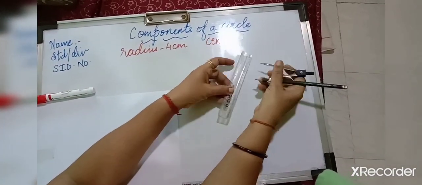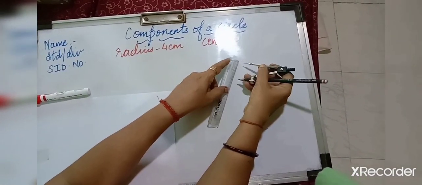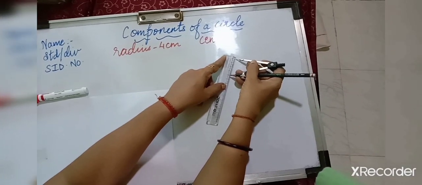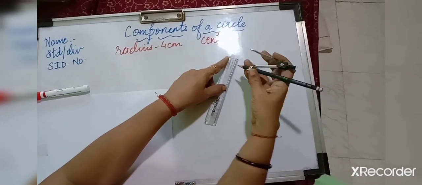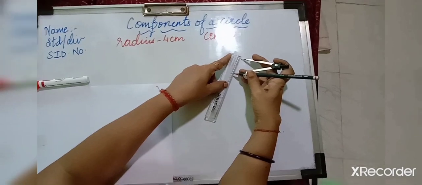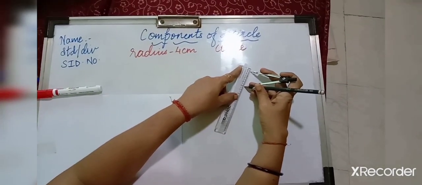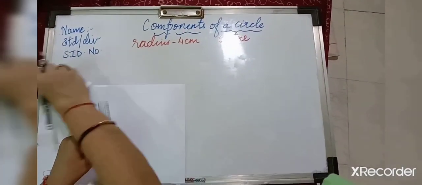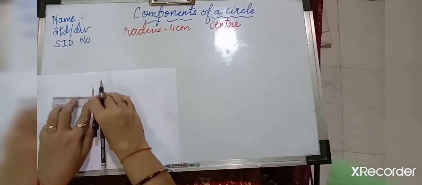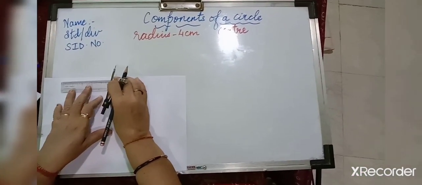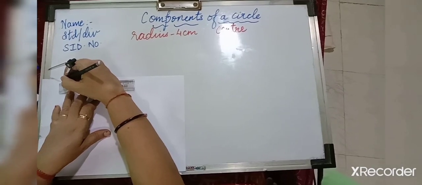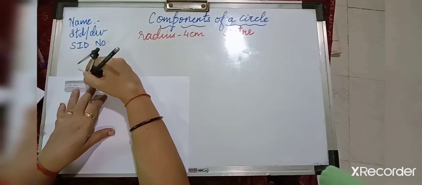So to take the measurement, you'll just start from 0 and take the measurement of 4 centimeter on the scale from 0 to 4. Or what you can do is, you can draw a line segment of 4 centimeter starting from 0 to 4.